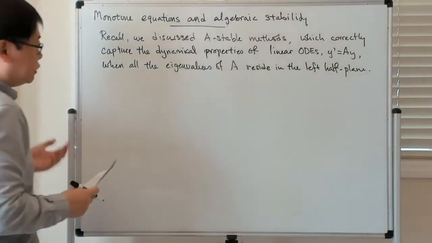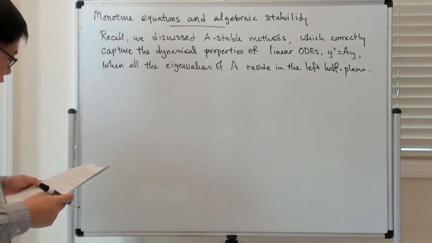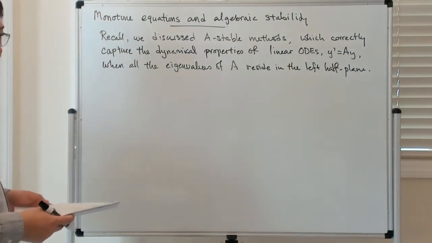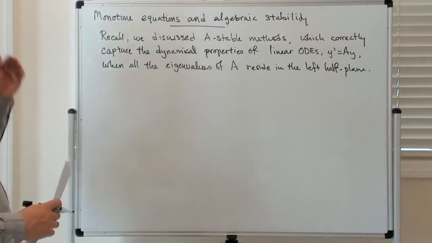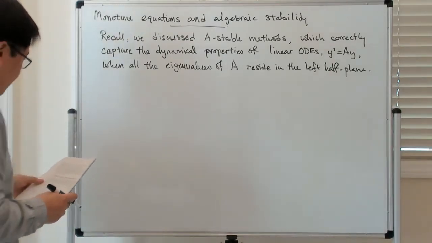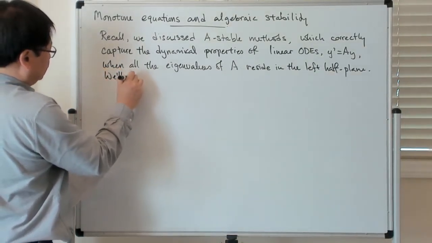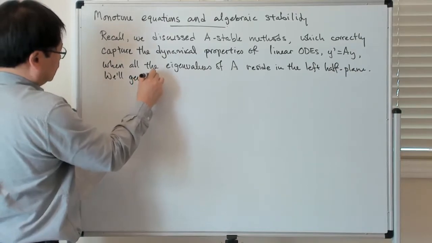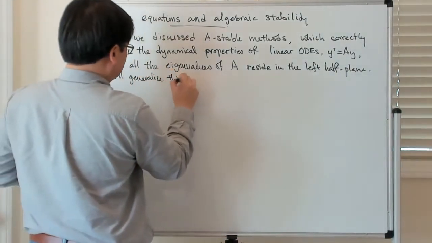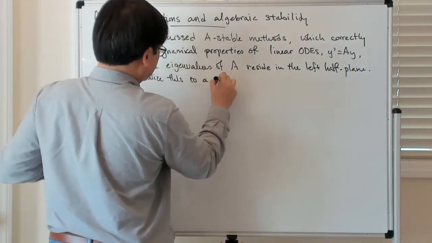Okay, so now we're going to look at something similar to this concept, or analogous to this concept, but in a nonlinear setting. So we're going to generalize to a nonlinear setting.